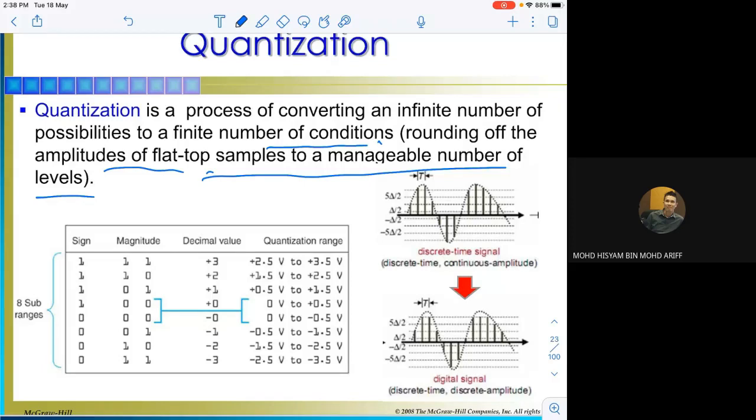You can do 2 bit, 3 bit, 4 bit, 5 bit. Now you become confused. Why is that? Remember, 2 bit and 3 bit, 4 bit and 5 bit will give you different magnitudes. How many bits are we using?